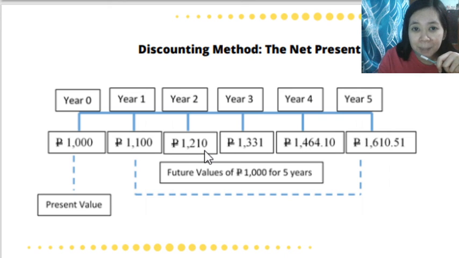Please take note, these amounts here that have an increased amount because of the passage of time and the interest rate are what we call future values. Whereas this one, your original investment, in this illustration we consider as your present value.